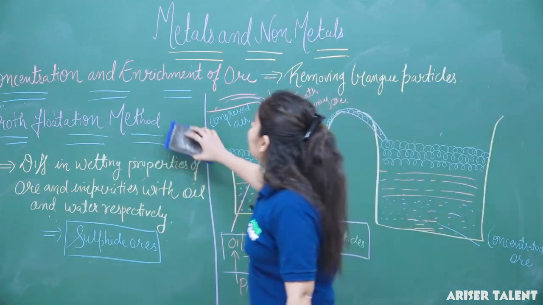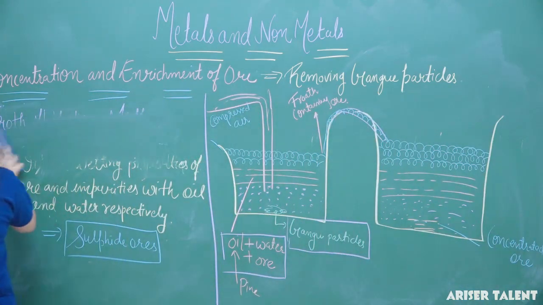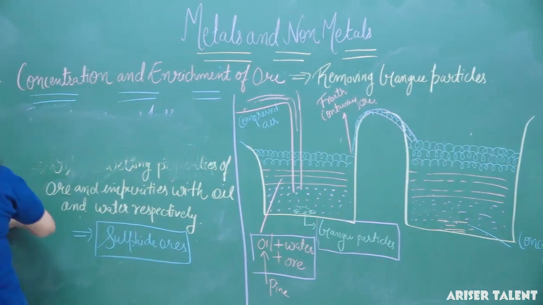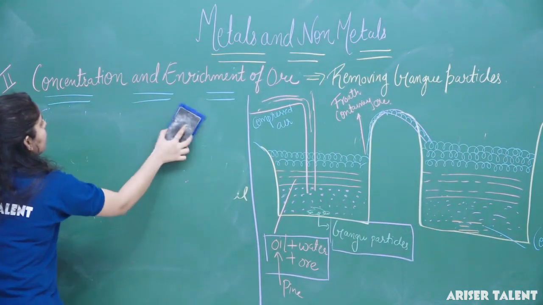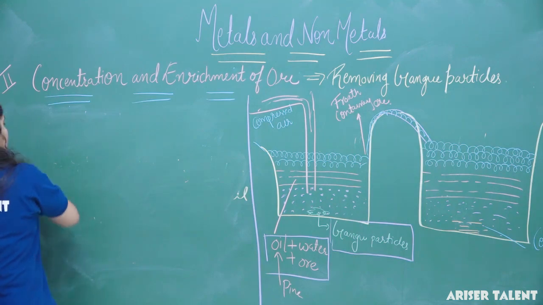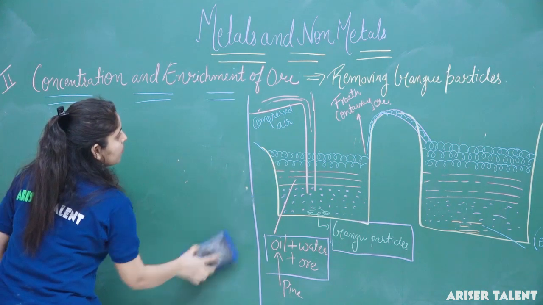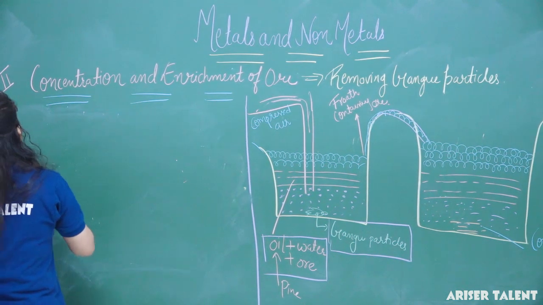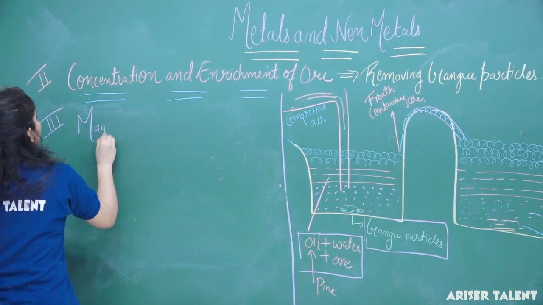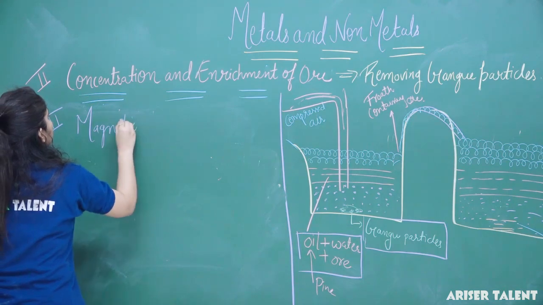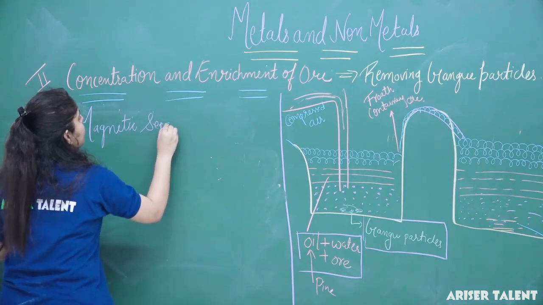Now our next method, the last method for the concentration of the ore, is called the magnetic separation method.